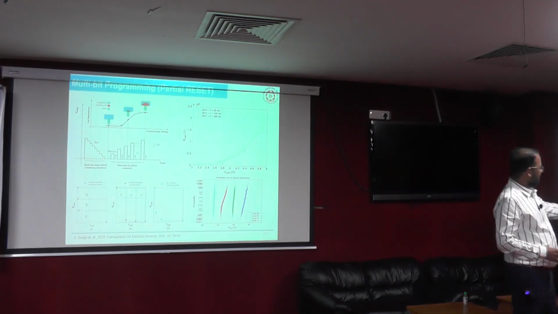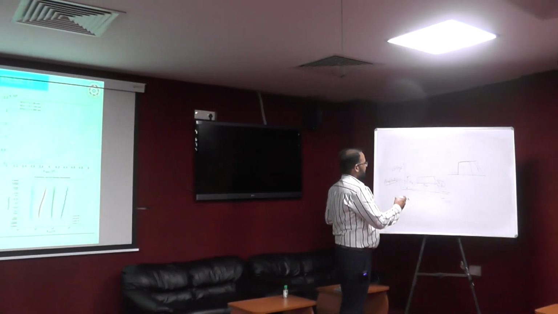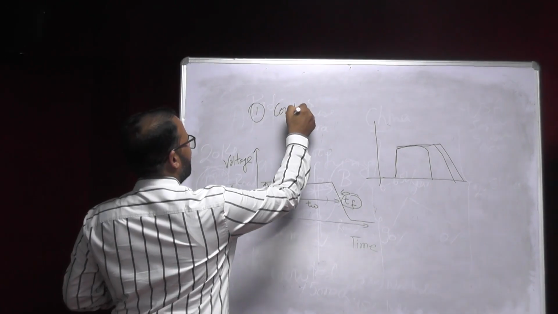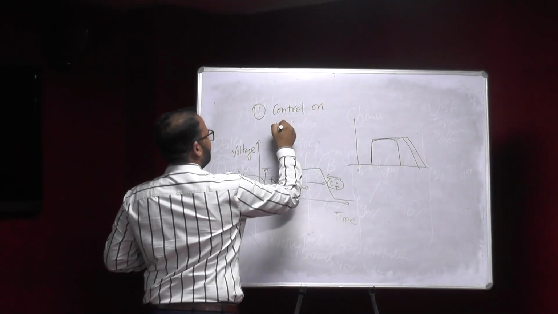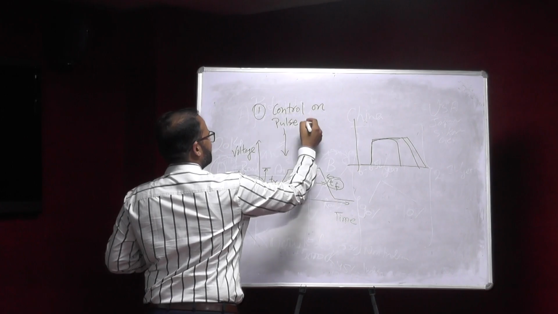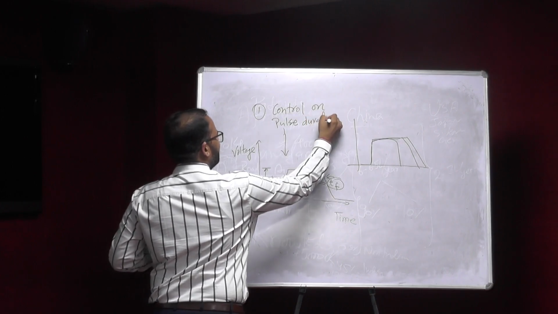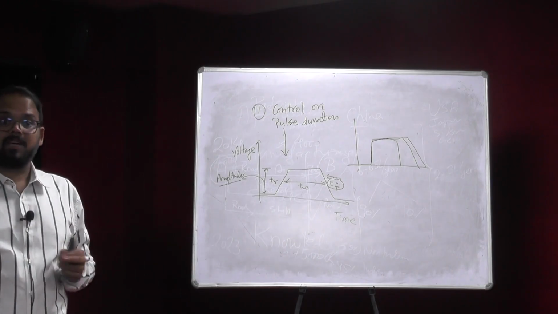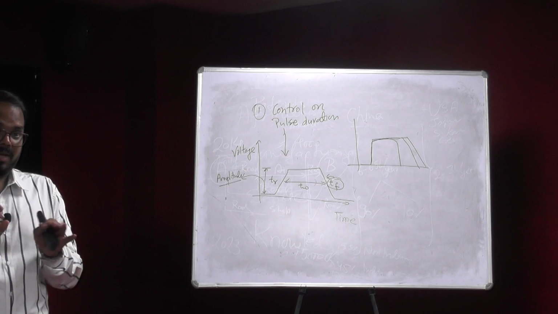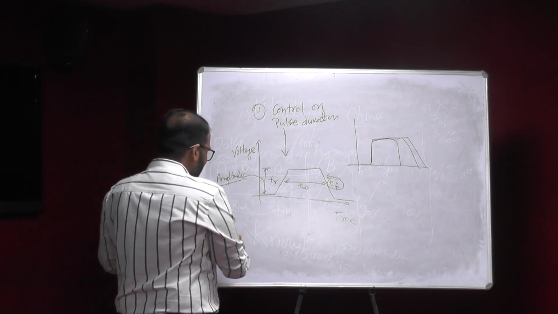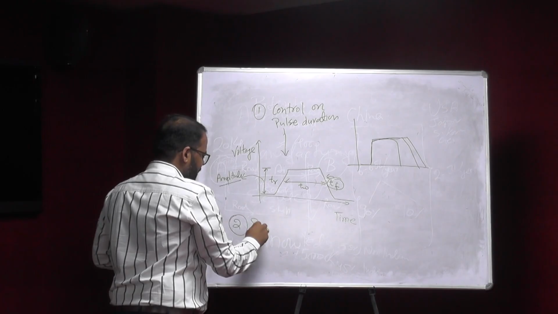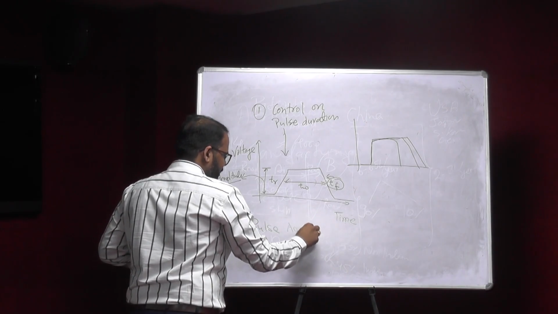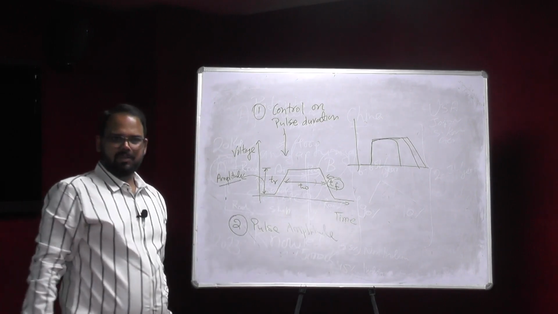What we were doing earlier was control on pulse duration, not amplitude. In the first case you have seen control on pulse duration. In this other case, which I am showing, it is pulse amplitude. Pulse amplitude. Is it clear?